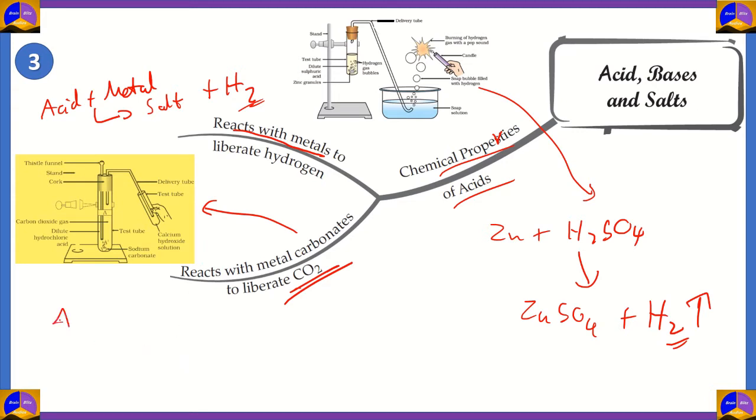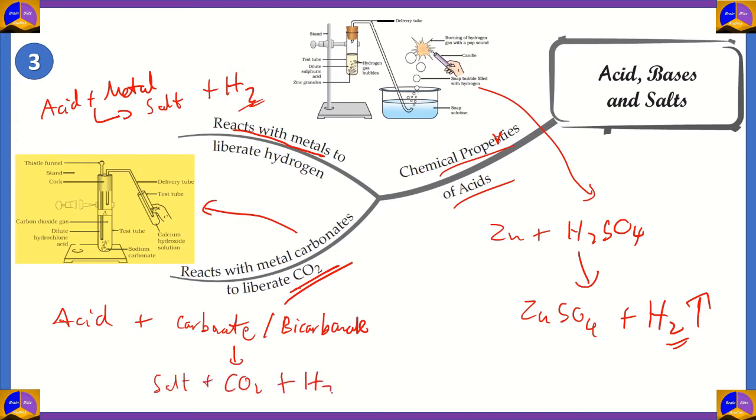So acid plus metal carbonate or bicarbonate, that is hydrogen carbonate, gives you the salt of that metal plus CO2 plus water.